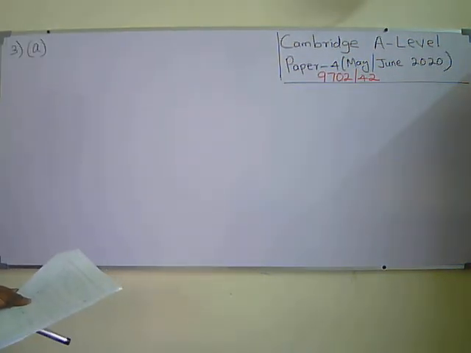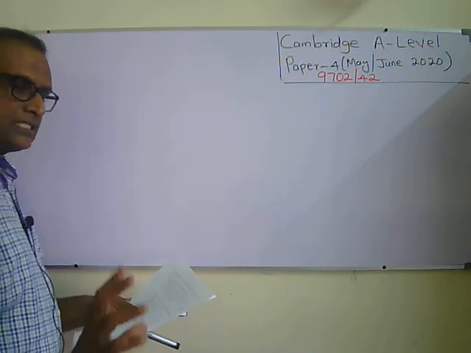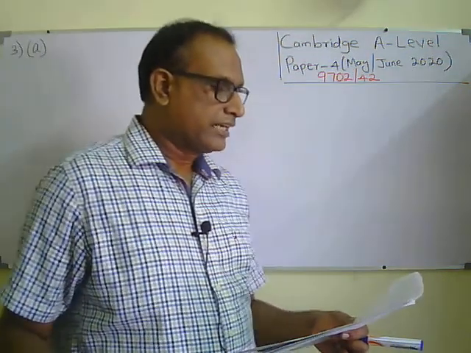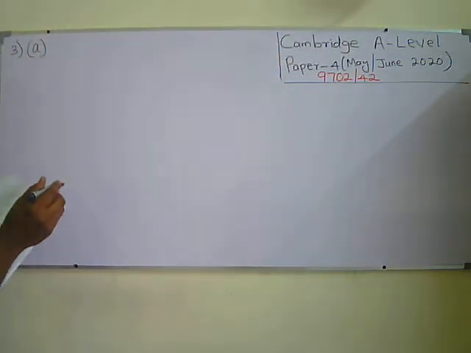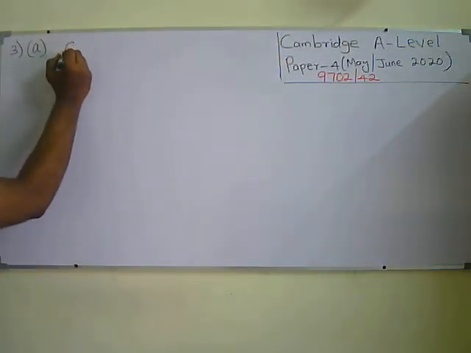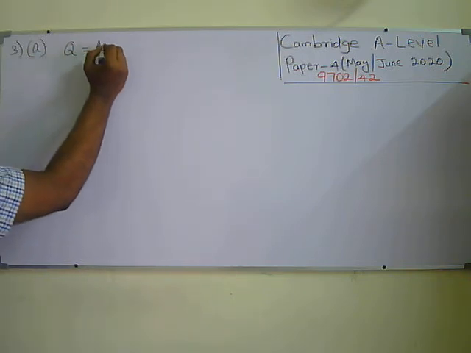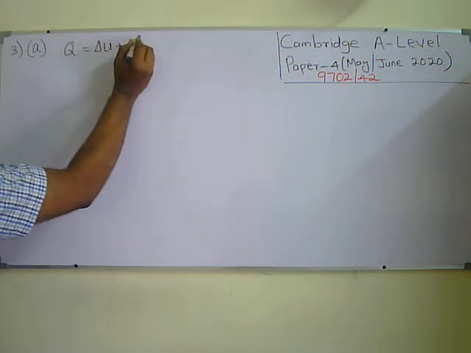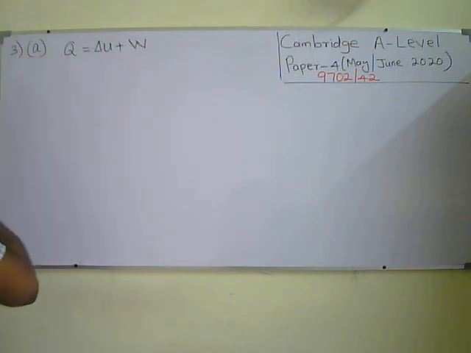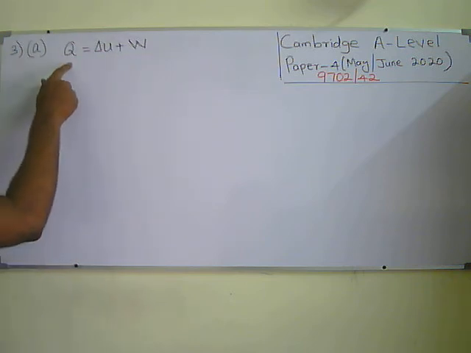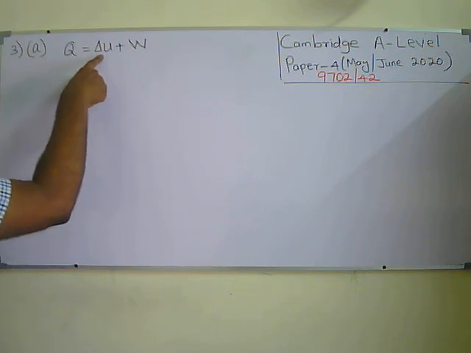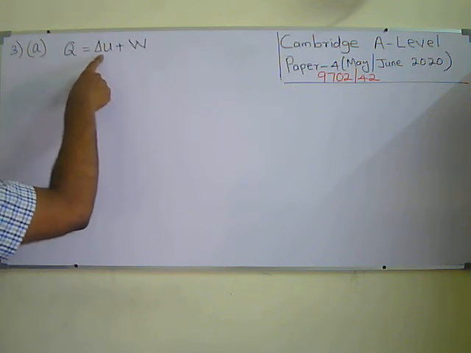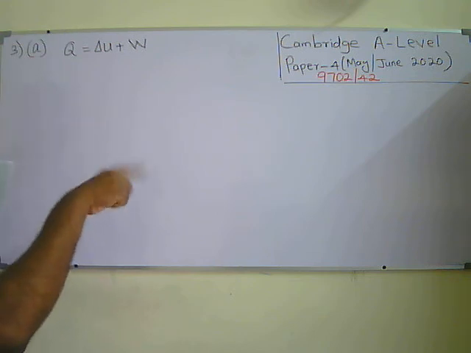Question number 3 is based on thermodynamics. By reference to the first law of thermodynamics, you know it is given by Q = delta U + W, where Q is the heat added to the system, delta U is the increase in internal energy, and W is the work done by the system.